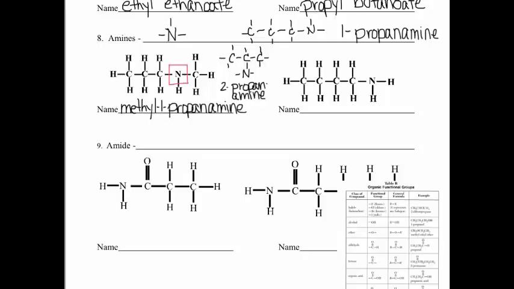All right, next one, we have, once again, an amine group. This time, though, it only has 1 chain, and it is 4 carbons long, so that would be butanamine. And then it is on the first carbon, so it's 1-butanamine.